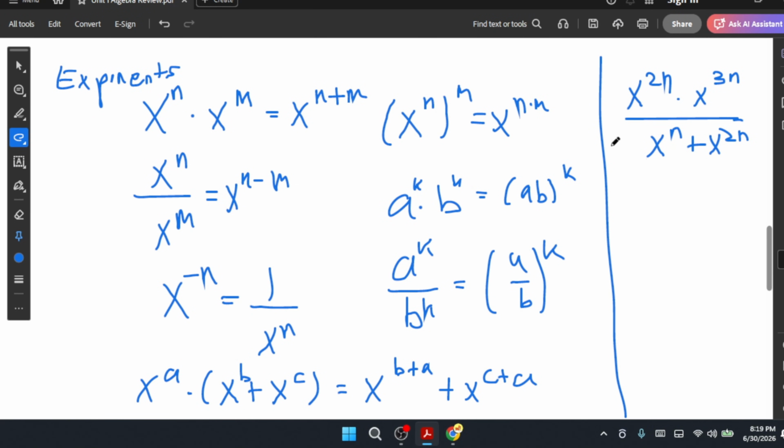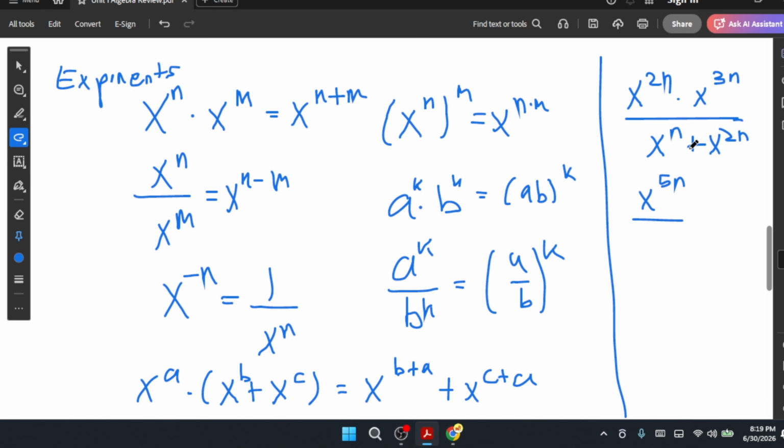Okay, so we need to simplify this. As you can see, on the numerator we have multiplication, so we can add the exponents. So x to the n plus 3n, which is 5n, over x to the n plus x to the n.